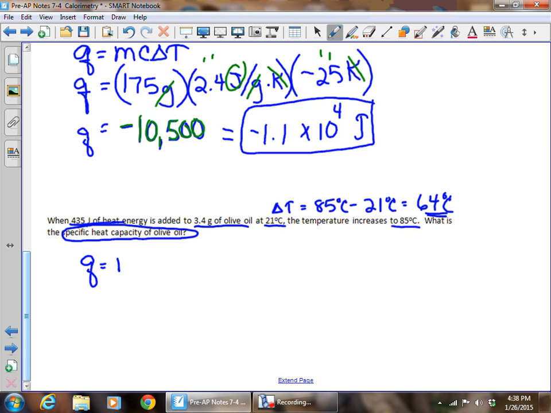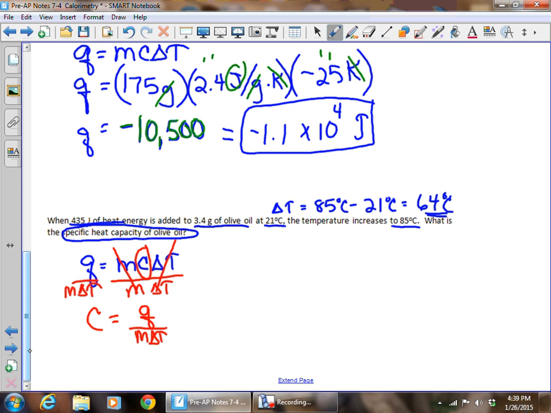Q equals MCAT. Okay, we want to solve this time for specific heat. So we're solving for C. So what we're going to do is divide both sides by M and delta T. So it's going to reduce to 1 on this side. We're going to end up, I like my variable to be on the left, that C is Q over M delta T, or Q over MCAT.